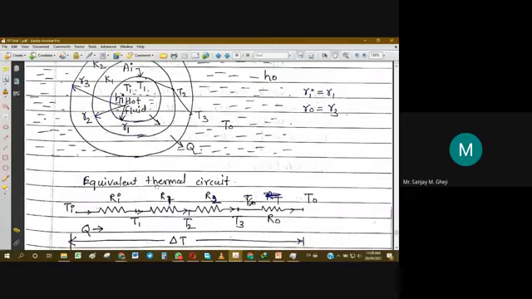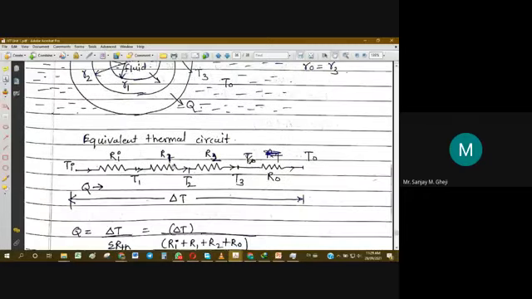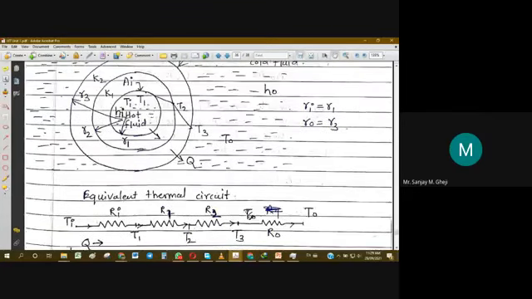And these are the resistances we get: Ri, R1, R2, and Ro. And these are the geometry: R1 is inner radius, R2 is intermediate radius, and R3 is the outermost radius.